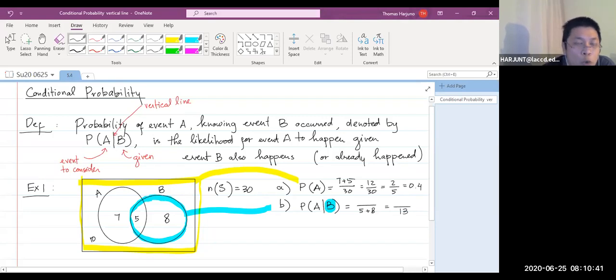So knowing B, probability of A given B means the probability of selecting A if we select from people in B. Notice that this 5 is the one in B, in A also.